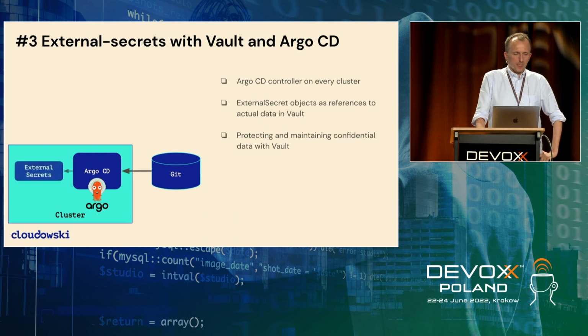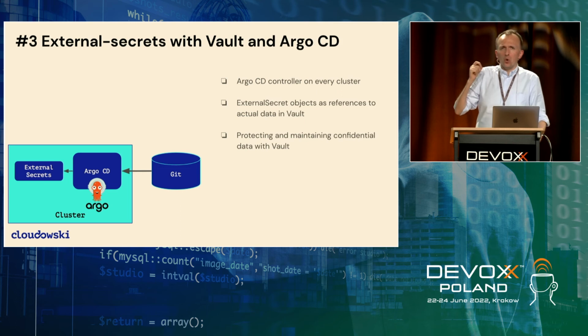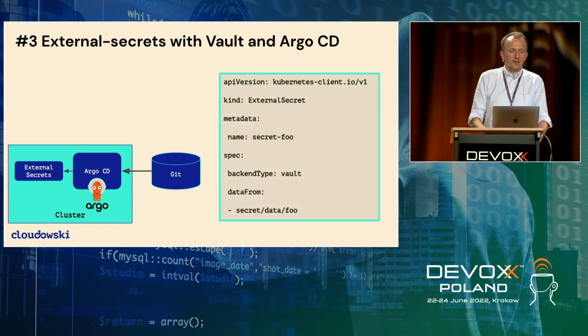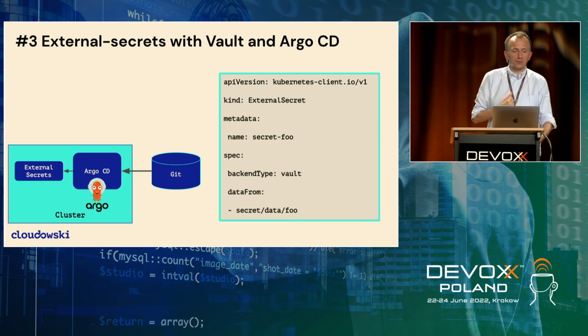So when we decided to move on with GitOps approach, we had to come up with something even better. And we used external secrets. So we decided that we didn't want to store any kind of encrypted data inside Git repository. We wanted to have some references to some real data that is stored somewhere else. And as you may expect, this somewhere else, this is a sample manifest for external secret object.